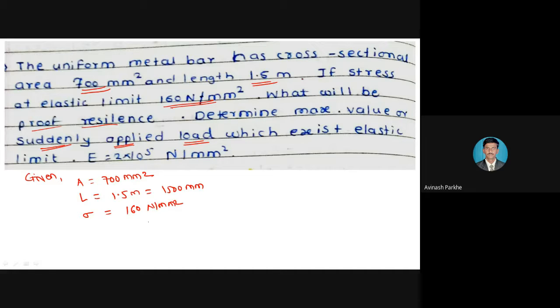In addition, the constant parameter E is also given: 2 into 10⁵ Newton per mm square. We have to calculate the proof resilience, indicated by Umax, and also P, the suddenly applied load.